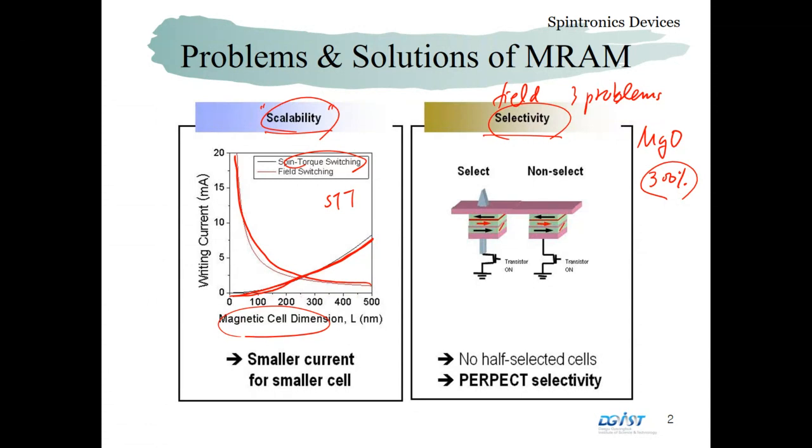But in STT, as we're going to explain, the current passes through the cell itself. So there is no way it disturbs the next cells. So it's a 100% selectivity technology.